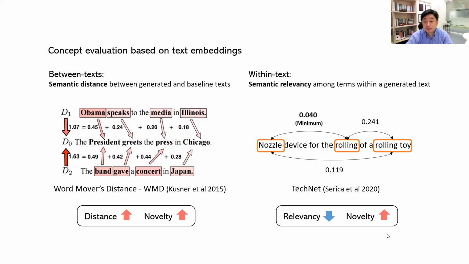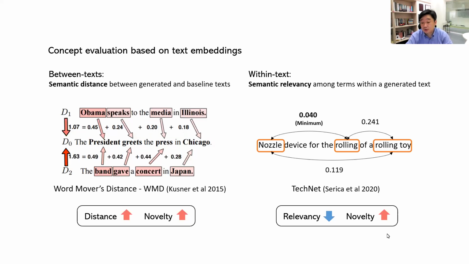In the second case, we look at the semantic relevancy among the terms in the generated text. We don't need an external benchmark, we just look at the pairwise semantic relevancy within the generated text and focus on the minimum score as an indicator, an opposite indicator of novelty.